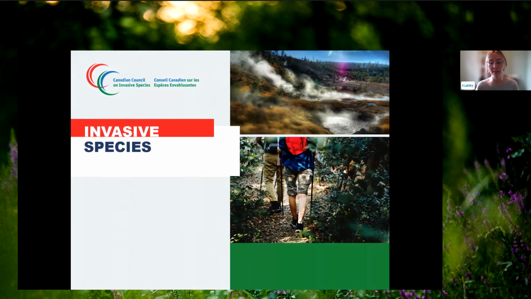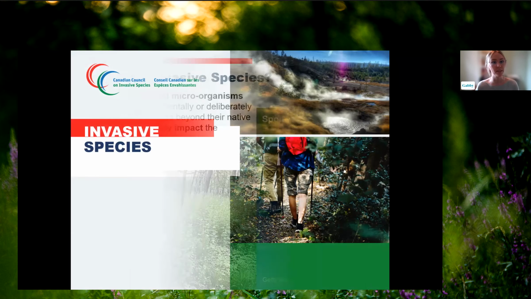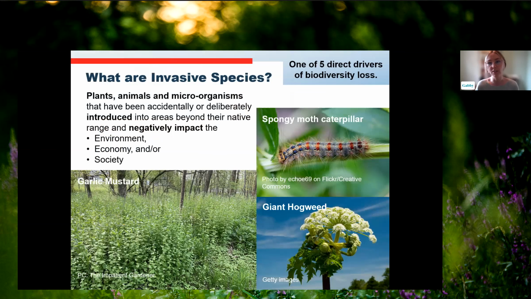I just wanted to provide a little background on invasive species and what they are, so that we're all on the same page. A simple definition is that invasive species are plants, animals, or microorganisms that have been accidentally or deliberately introduced beyond their native range.